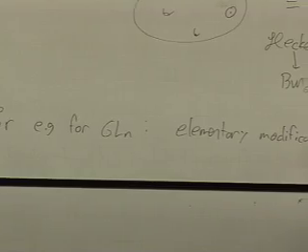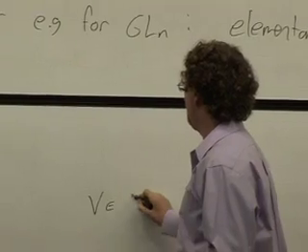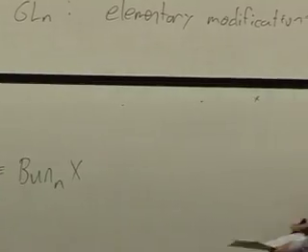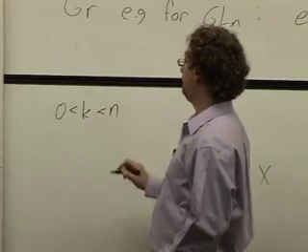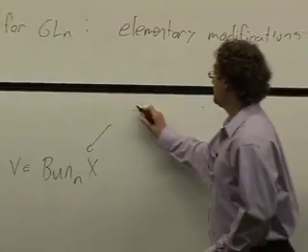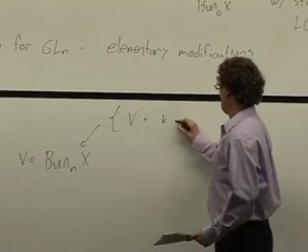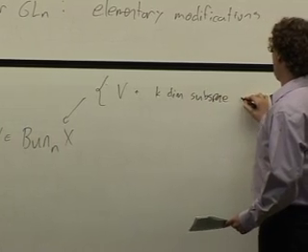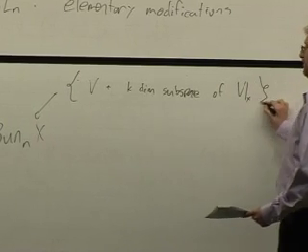So if I want to take a vector bundle V in Bun_n, and I want to modify it at a single point, one thing I could do is pick an integer k between 0 and n, and I can look at a piece of this big Grassmannian, which is just to look at V plus a k-dimensional subspace of the fiber V at x.